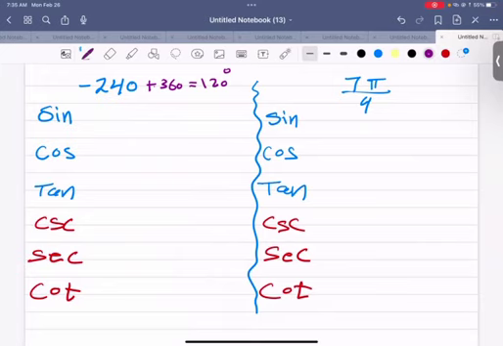So I'm going to copy whatever I have for 120. So 120 is going to be the same as 60. So 120, 60, and 240, these all are the same reference angles.